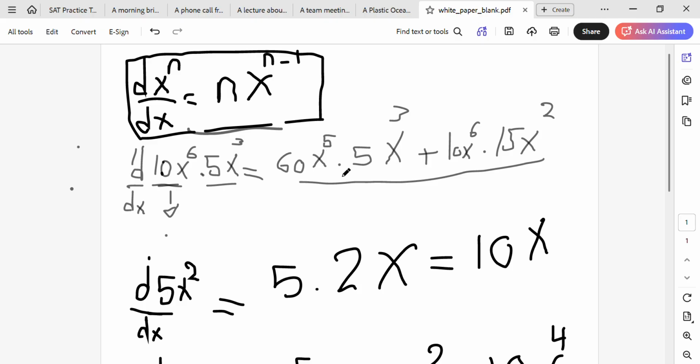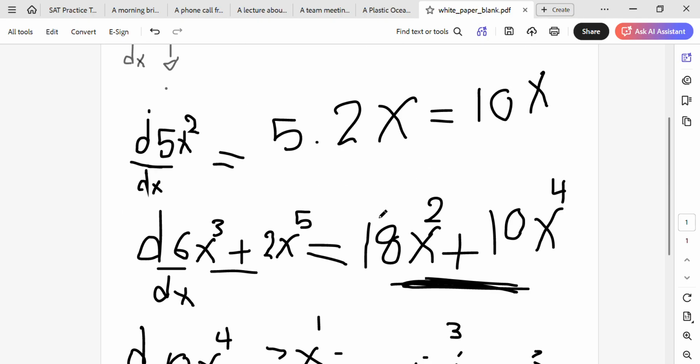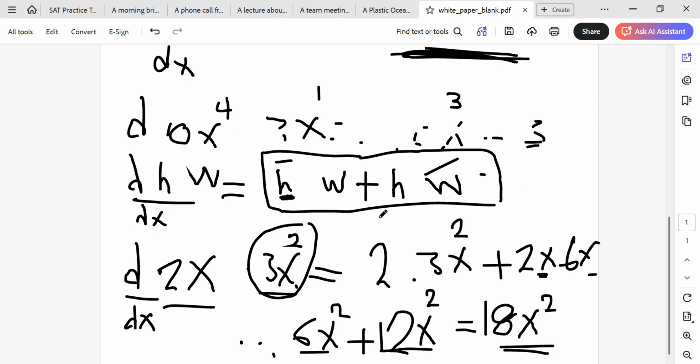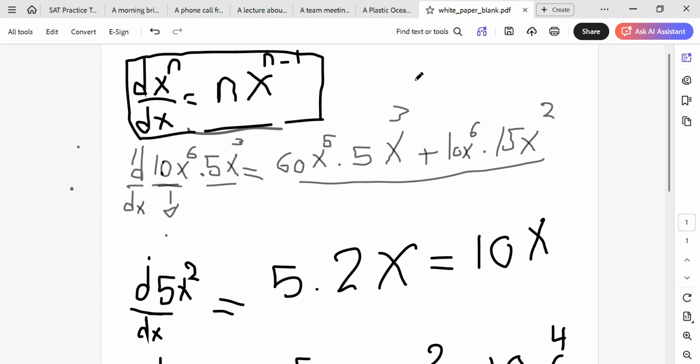We have 60x^5 times 5x^2, times 5x raised to the power 3 plus 10x raised to the power 6, this is the given one, times 15. So 60 times 5, as I know, 6 times 5 is 30, and since it's 60, it will be 300.